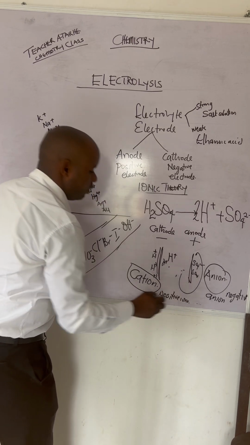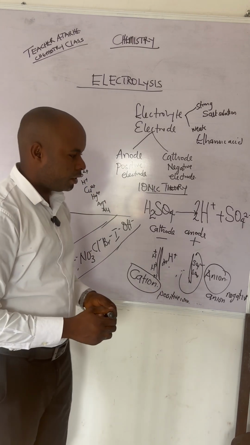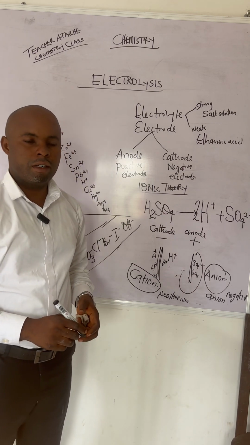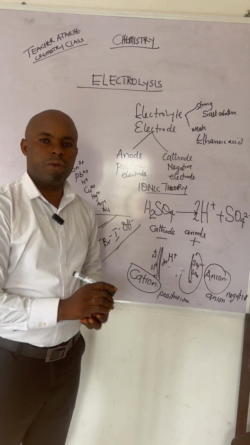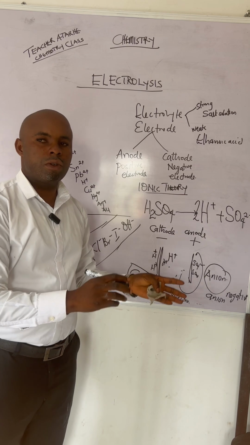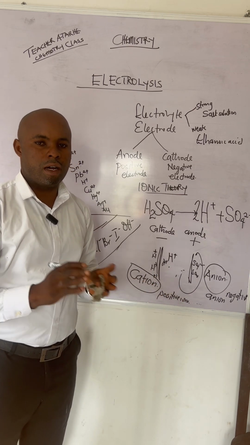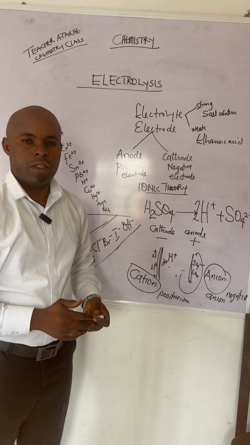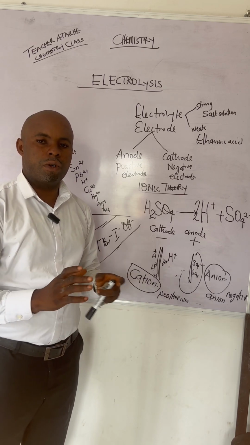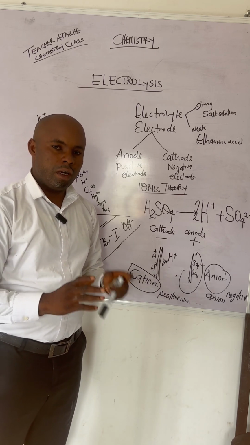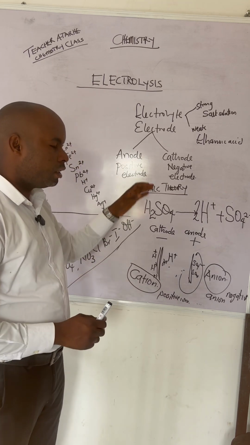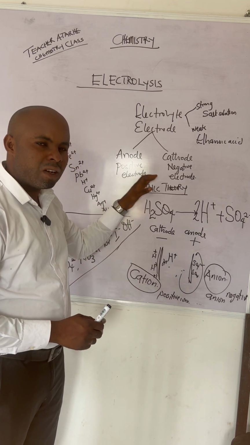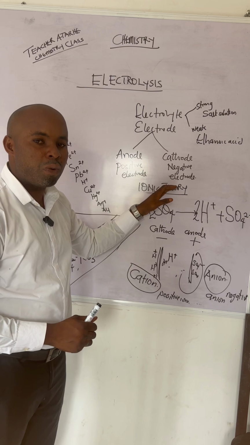I want to draw your attention to this point: students make mistakes in knowing the difference between an electrode, a cathode, or an anode. When you make reference to cation and cathode, they get confused. In electrolysis, the cathode is a negative pole, while the anode is a positive pole.